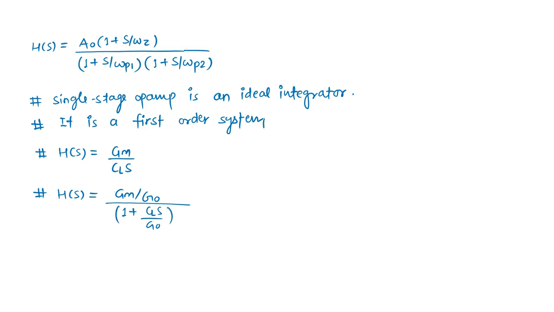Here we can see some finite pole frequency and some finite DC gain were coming. So overall, both are first order systems.